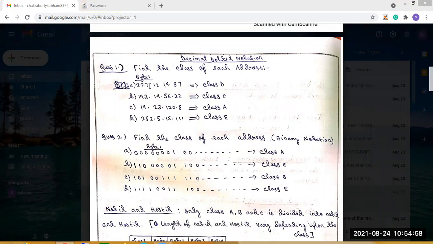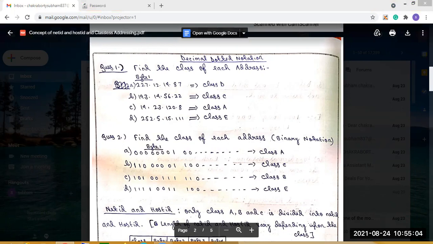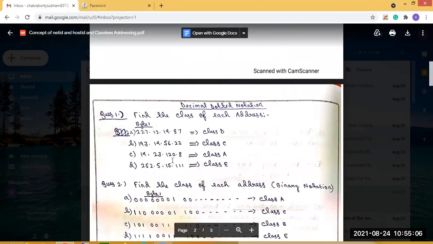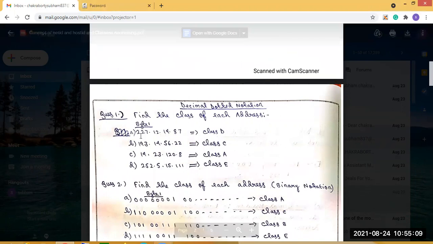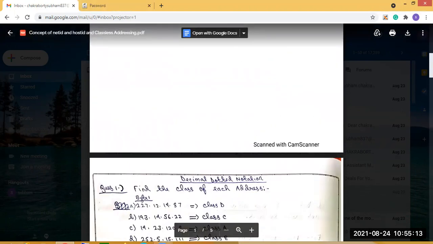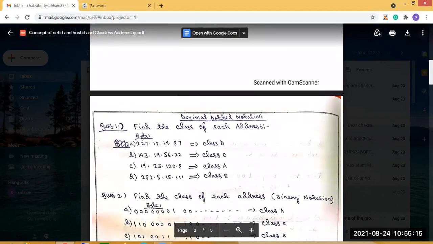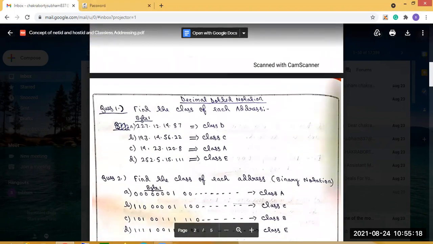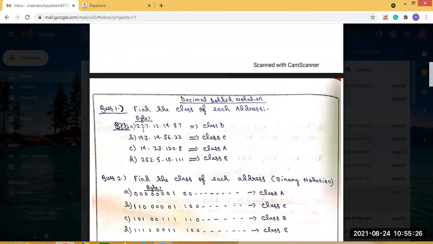Here the value given is 227.12.14.87. The first byte is 227. Class D's range is 224 to 239, and here the value is 227, so this is in the range of class D.